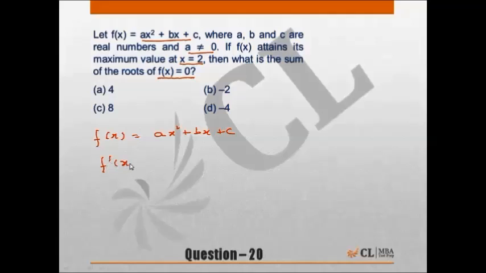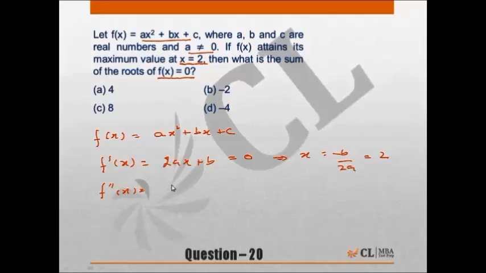So the first differential f dash x will be equal to 2ax plus b, and for maxima or minima this should be equal to 0, which implies maxima or minima would happen at x equal to minus b upon 2a. As per the question, the maxima happens at x equal to 2, so that should be equal to 2. Let's just check out f double dash x also.